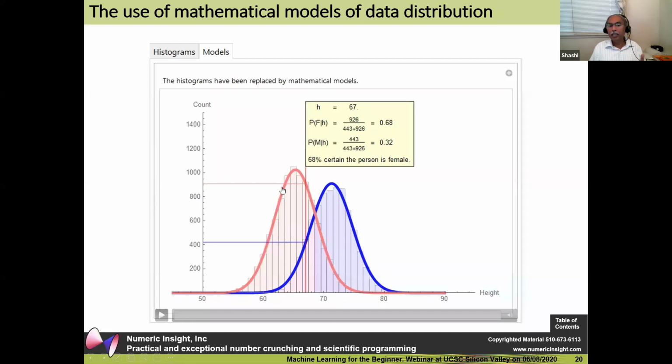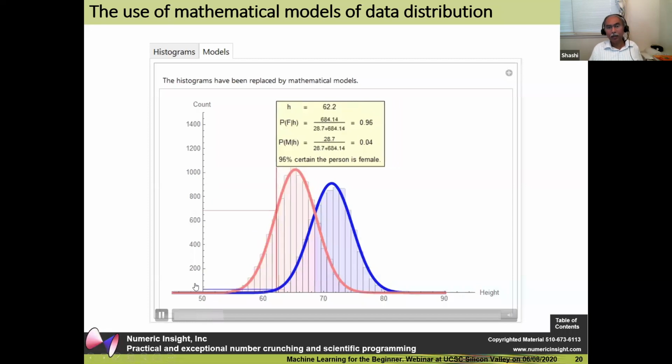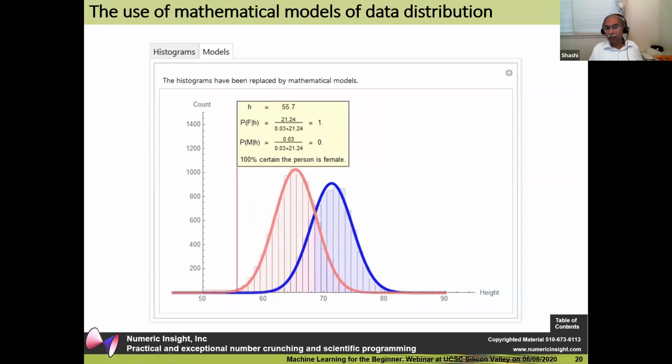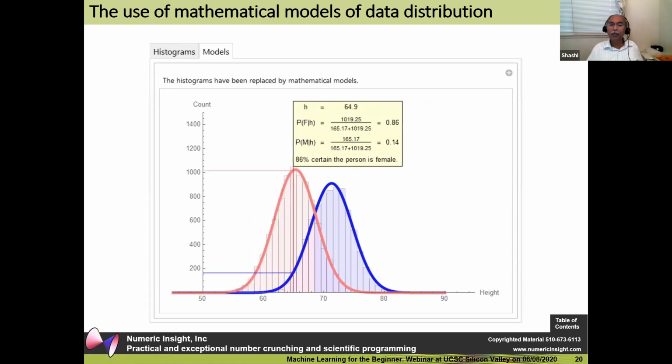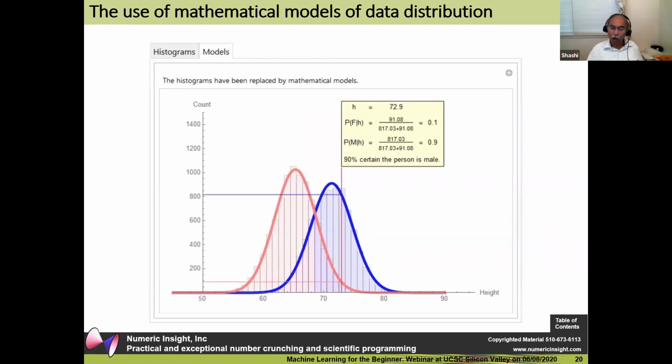Because these two curves depend only on the mean and standard deviation of the data. They do not depend on any individual measurements at all. So you can do this still here. You don't need histograms because you have managed to replace those histograms with mathematical models.